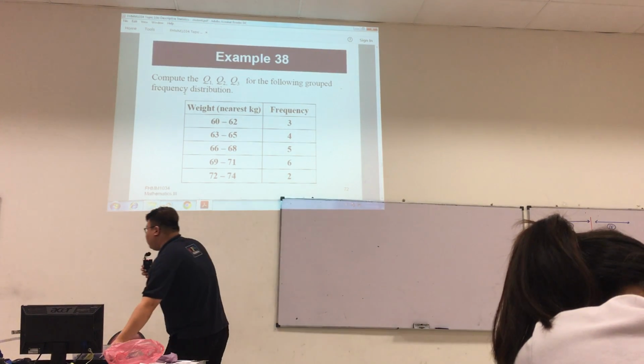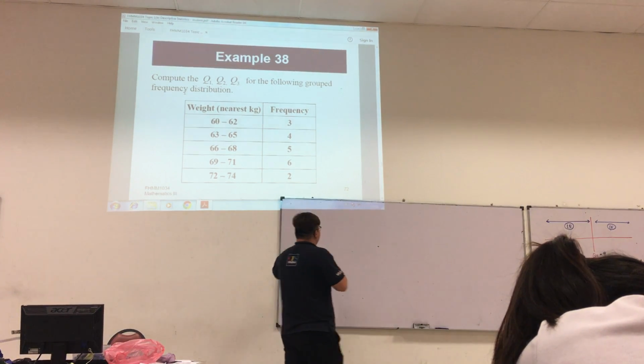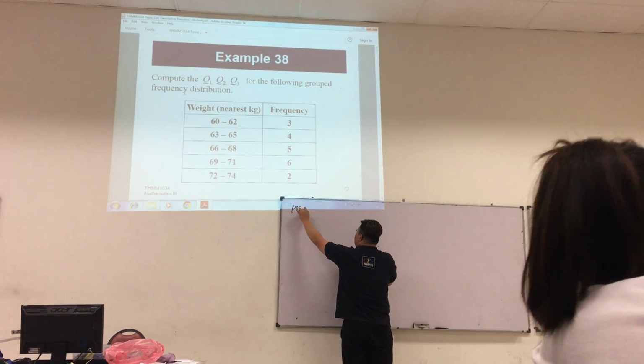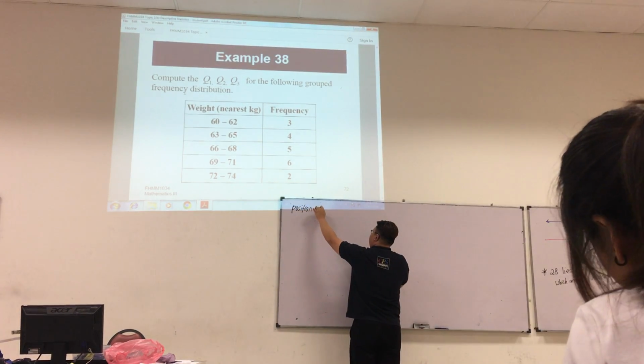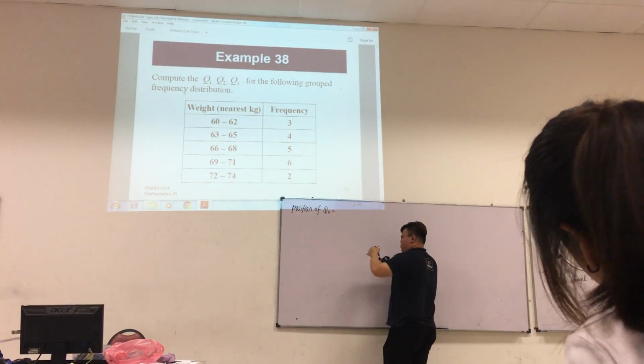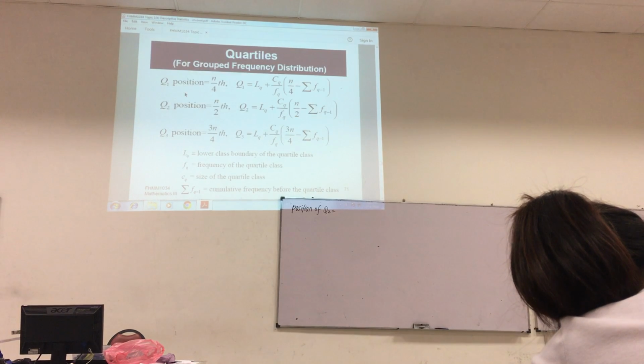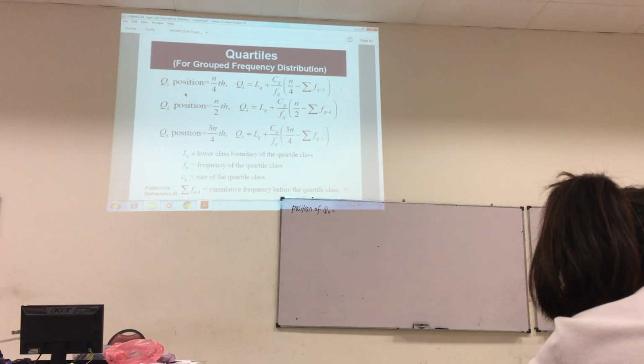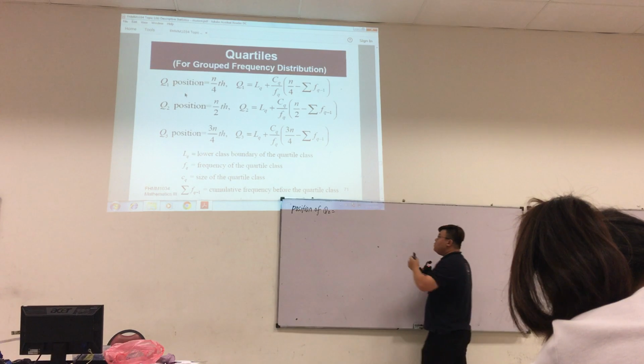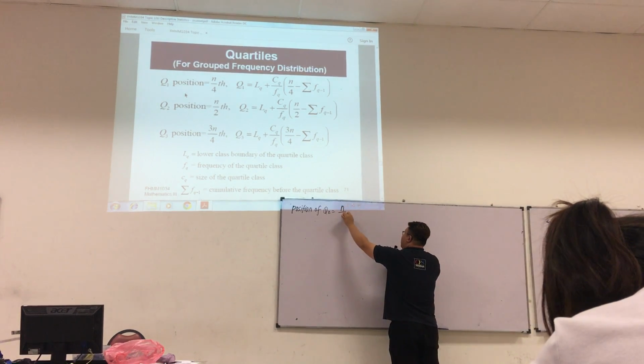Okay, next we go to Q2. We will start with the position of Q2. Just in case you need the formula, later you can refer to the slide. For the position of Q2, you are going to calculate using n divided by 2.